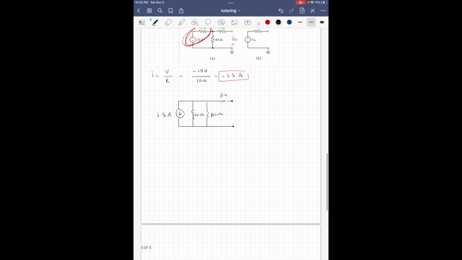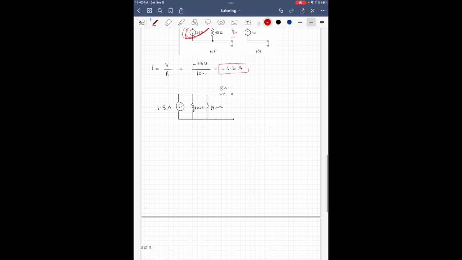Okay, now, if you look at the circuit, how can we simplify it even further? Sorry, this is 40 right here. If you look at these two resistors right here, you can see that they are in parallel. So how can we find the equivalent resistance between these two?